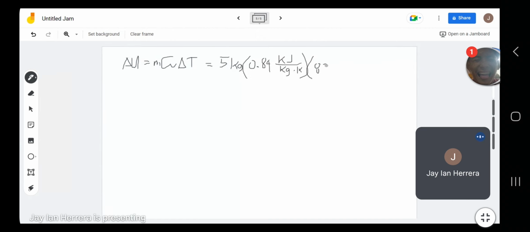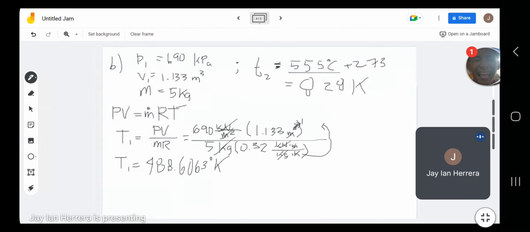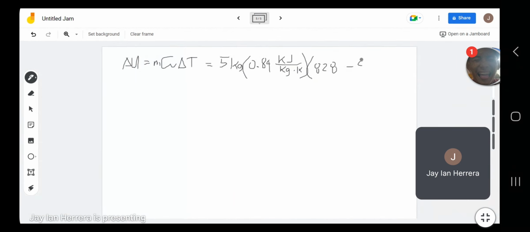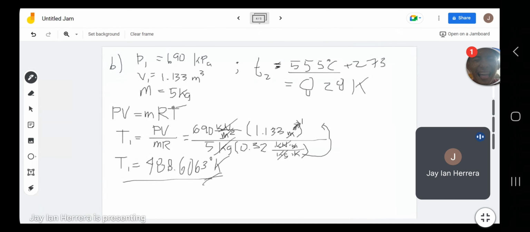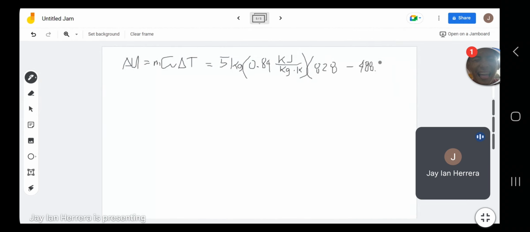So 828 minus yung nakuha nating T1 before, 488.6063. So don't forget to convert first to the absolute temperature. Lalo pag sa delta T na part or in getting the PV equals MRT, kailangan absolute temperature lagi if we're solving for temperature. Ayan, so paki-solve naman to.